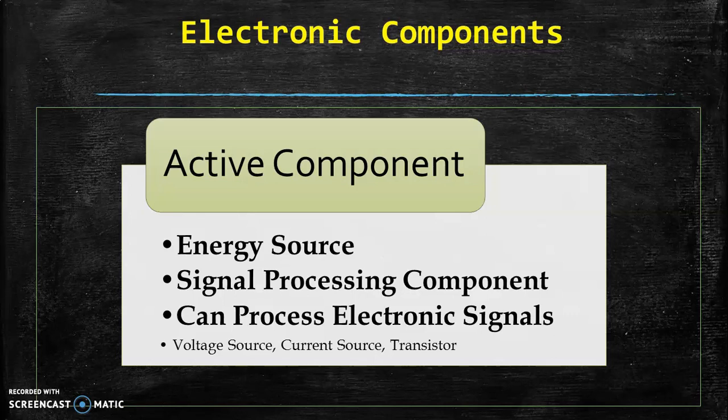They can process electronic signals. And examples of signal processing components are transistor and a lot of other active components. So in today's lecture, we will study about active components, that is voltage and current source.